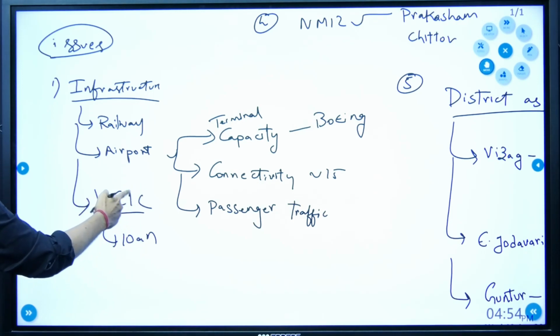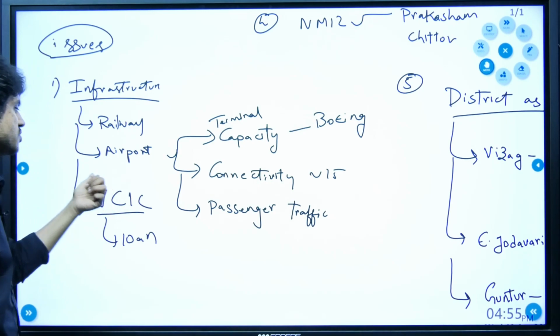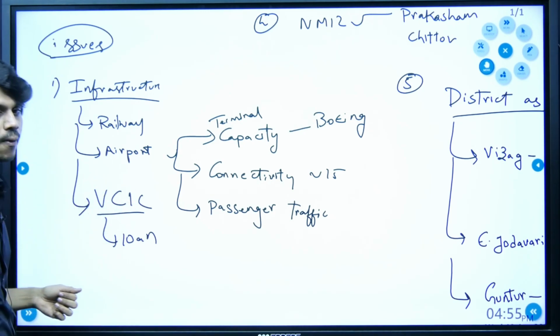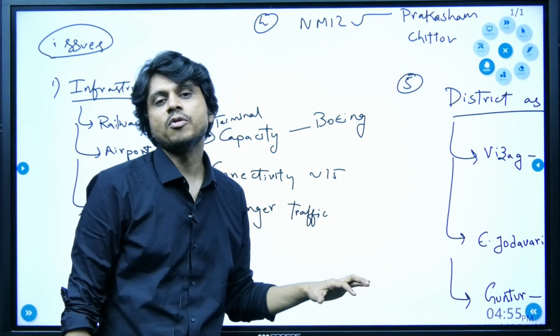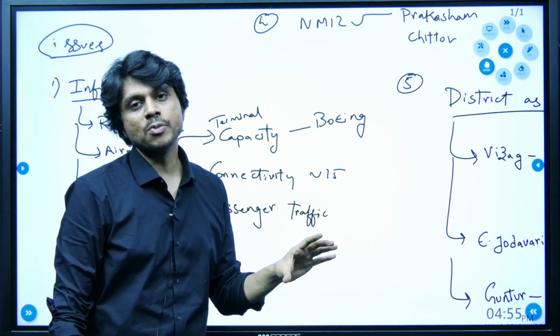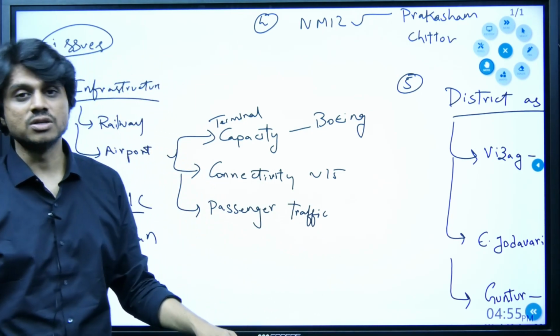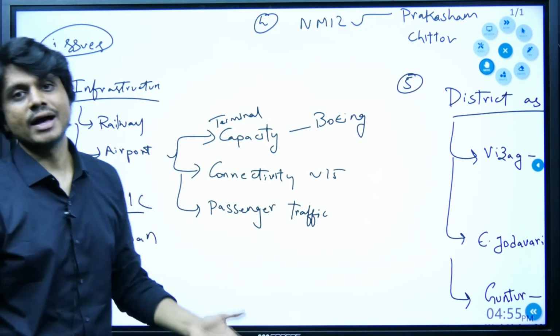Another major initiative is the Vizag-Chennai industrial corridor. For the Delhi-Mumbai industrial corridor, the government provided money in the form of grants, but here it has been provided in the form of loans. We have to repay the loan.